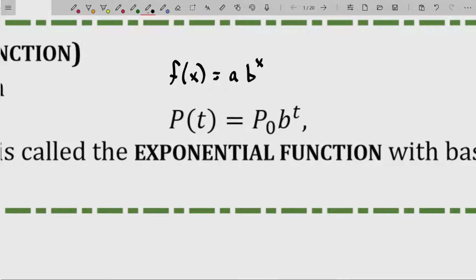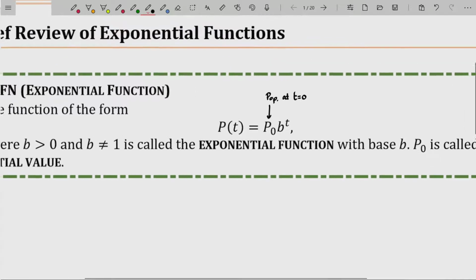So that's why I prefer to use P of t, and t specifically because exponential functions are generally speaking functions of time. And so I just like to use this notation. P sub 0 is the population at time 0. So I'm not going to write out the whole word population. So I'll just say population at t equals 0. So that is called an exponential function.